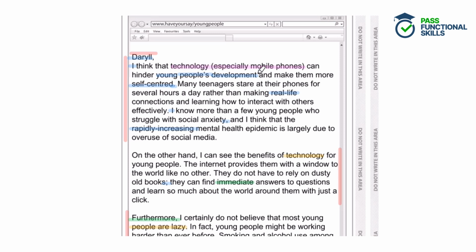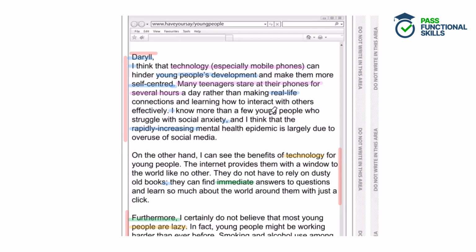And then in the second sentence, we follow on from this really effectively. So we say, many teenagers stare at their phones for several hours. So we're linking to that previous sentence, talking about phones. Several hours a day, rather than making real-life connections and learning how to interact with others effectively.